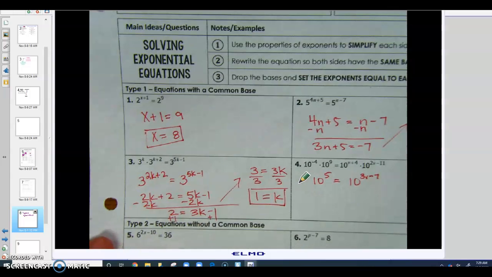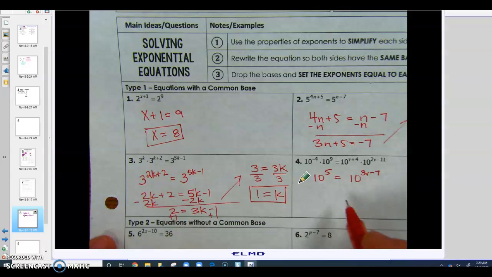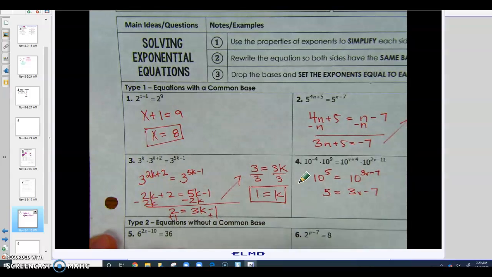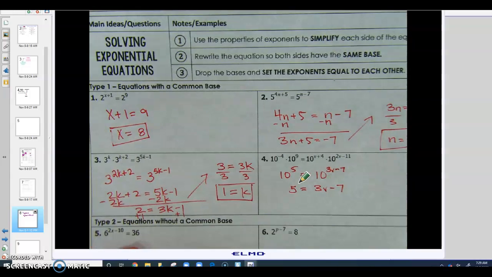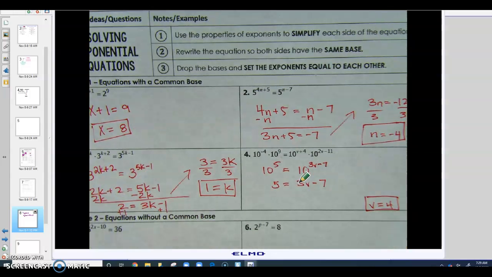Now I have like base. I've simplified. The bases are already alike, so I'm on to step 3. 5 equals 3v minus 7. I'll let you finish this problem on your own. You should end up with v equals 4 as you work the rest of it out. Okay?